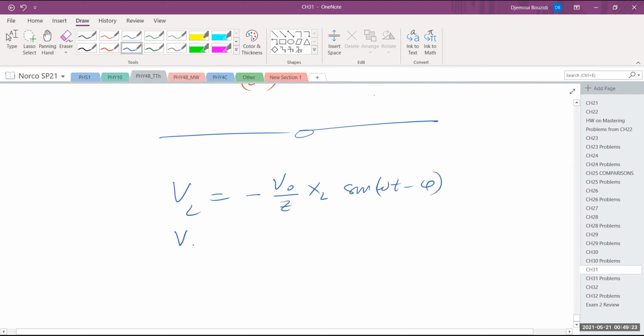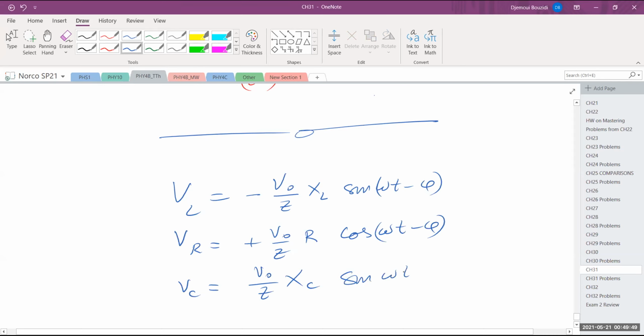And VR is equal to positive V naught over Z times R times a cosine of omega t minus phi. And then we have VC, which is equal to Q over C, which is equal to V naught over Z times XC times the sine of omega t minus phi.